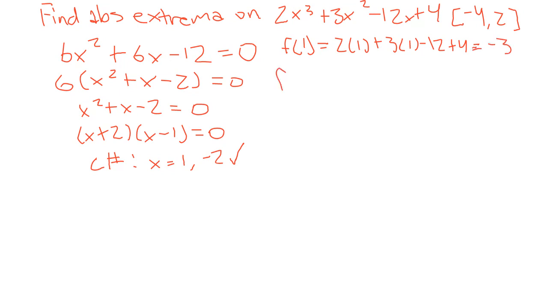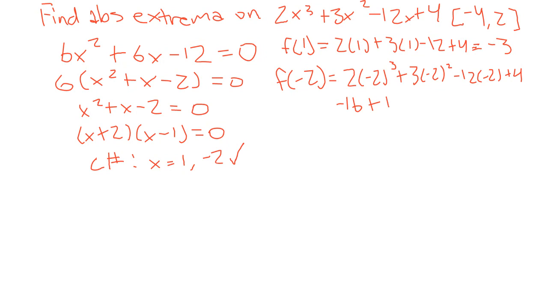We need to find f of negative 2, so we're going to get 2 times negative 2 cubed plus 3 times negative 2 squared minus 12 times negative 2 plus 4. We can break this up: negative 2 cubed is negative 8, times 2 is negative 16, plus 3 times negative 2 squared, so 3 times 4 is 12.